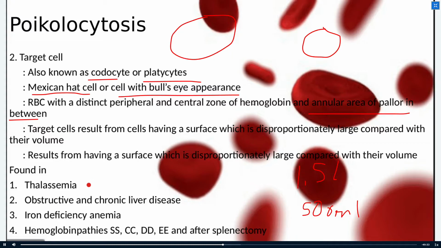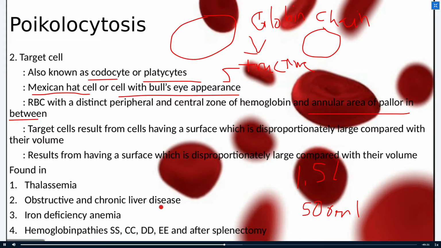Now, they can be found in thalassemia. Remember, in thalassemia class, you have problems in your globin chain. And your globin chain would have effect on the structure of the cell, the RBC.